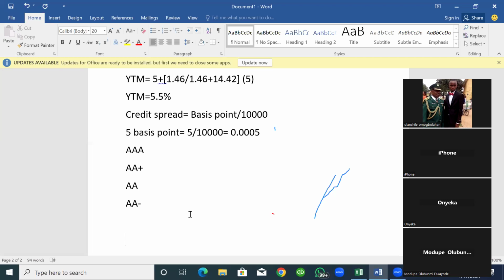Modupe PLC or Limited, anyone, is a major player in the aviation industry with a credit rating of AA. You know, I mentioned the credit rating.